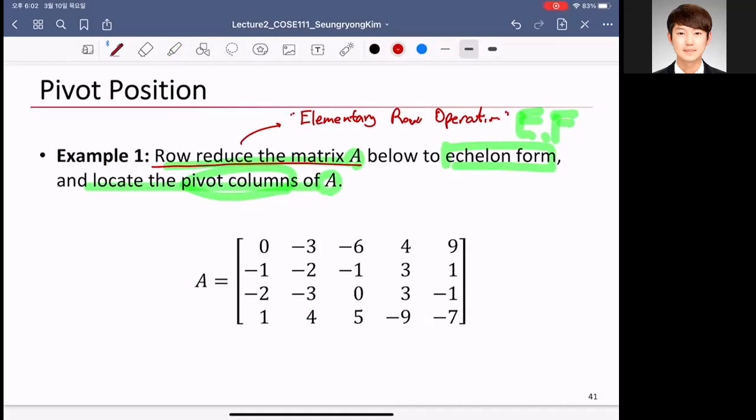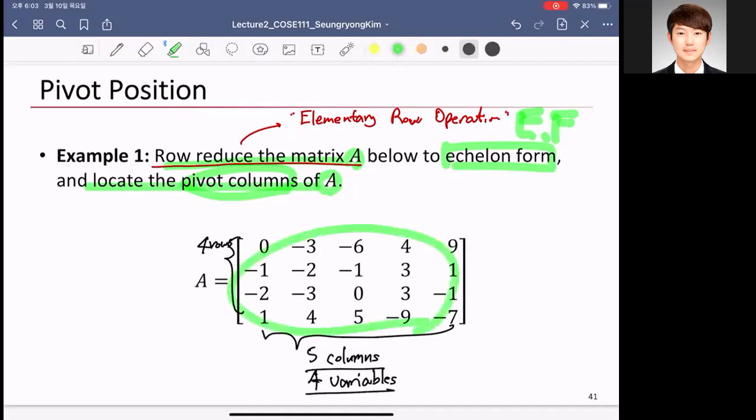And if we assume this is the augmented matrix, we have 4 equations and 4 variables, right? Okay, let's row reduce this original matrix to the echelon form.